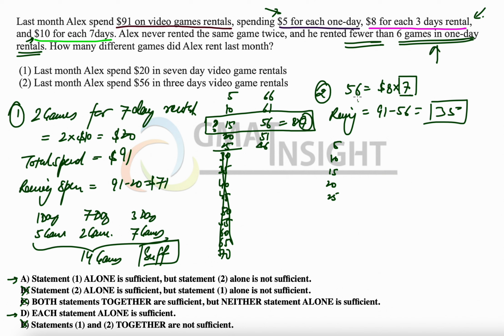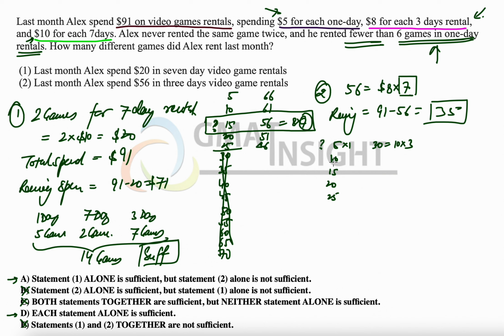Again, this condition kicks in that he rented fewer than 6 games. If we took 5 here, then the other would have been 30. That means this is a possibility because it is 5 into 1 and this 30 is equal to 10 multiplied by 3. That means he might have rented 3 games for 7 days and had paid $30 and 1 game for 1 day. That's one possibility acceptable.